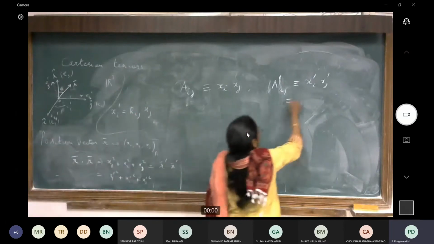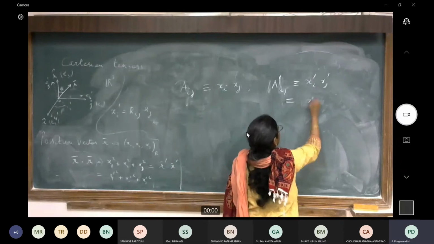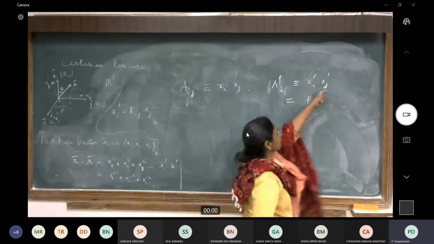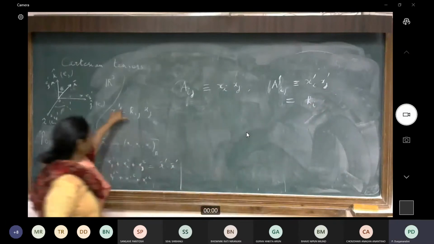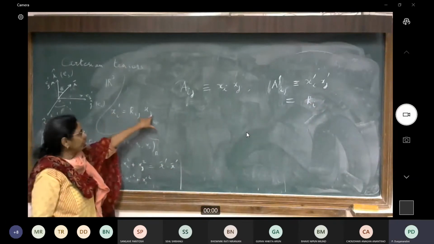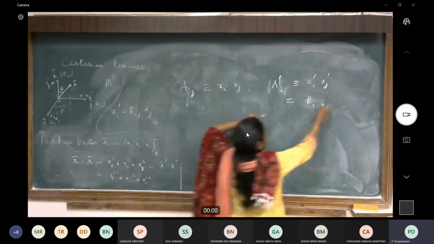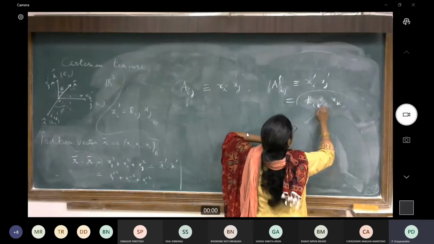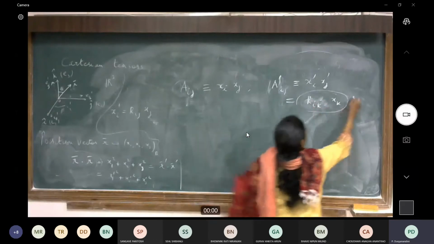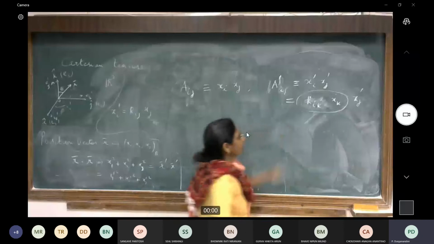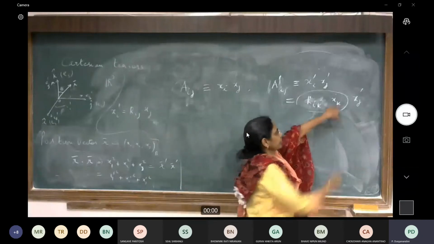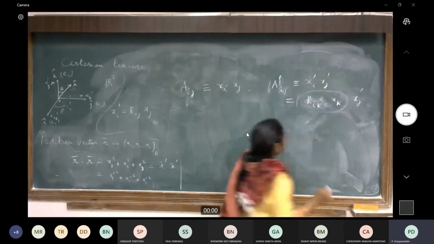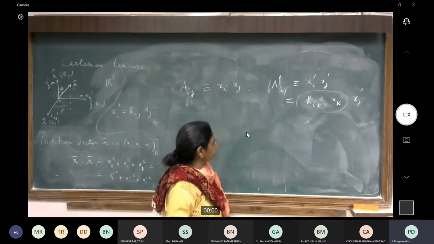So I can write xi prime as... now I already have a free index j here. When I wrote xi prime, I wrote it as rij xj. But I want to write that in terms of xj, and instead of using j, I use rik xk here. I do not use j again, because if I use j, then this will no longer be okay. I want to demonstrate this because students, even after a lot of experience, make this mistake.